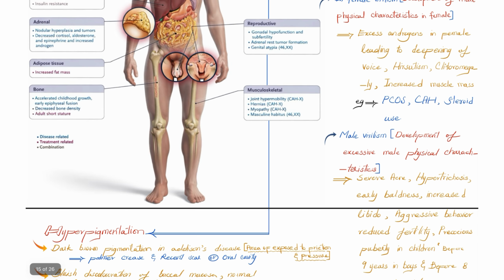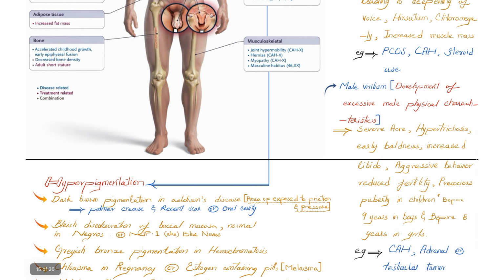Male virilism means development of excessive male physical characteristics, like there will be severe acne vulgaris, hypertrichosis means the hair growth will be very much, early baldness, and increased libido and aggressive behavior, which is also associated with reduced fertility because of increased testosterone level, and precocious puberty.